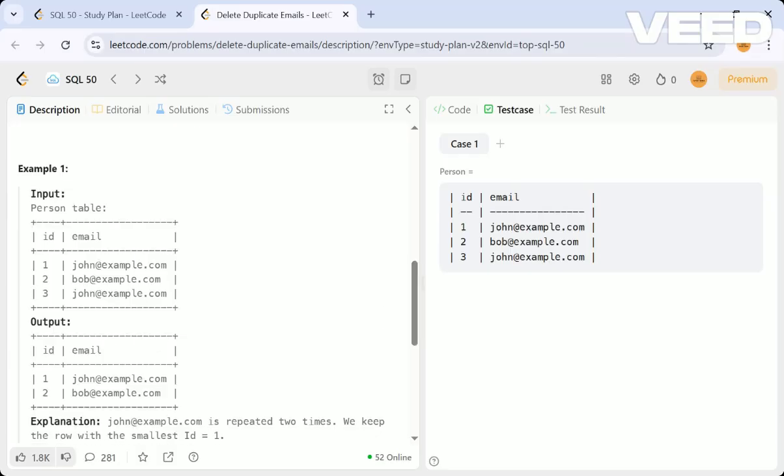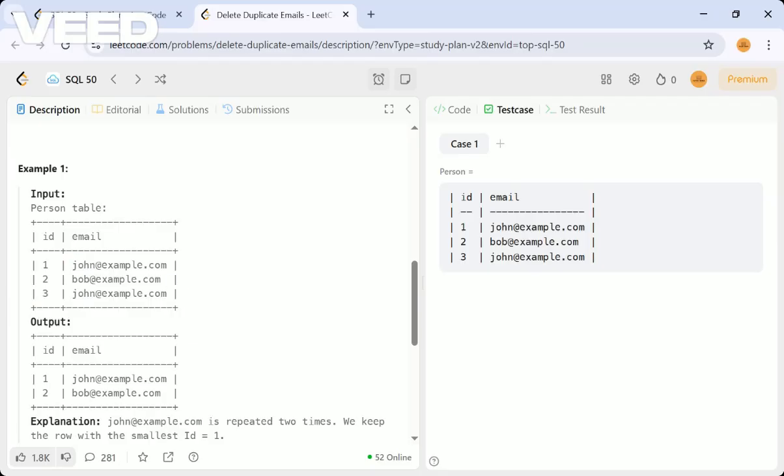If we see this particular example table, we have id one with john@example.com as the email. This is unique. If you see the third id, this is not unique. It is a duplicate, a repetition of john@example.com, this one and the first one.